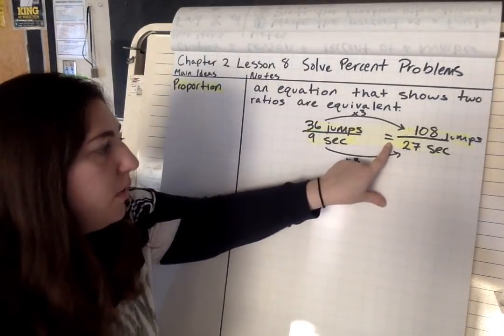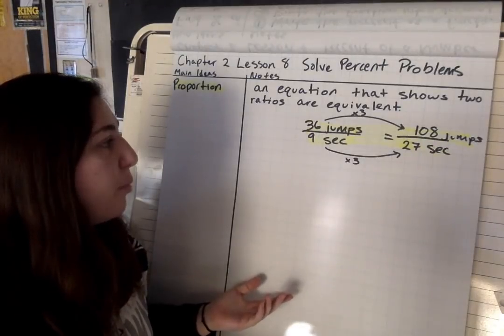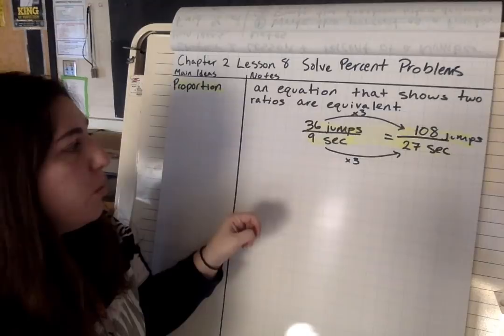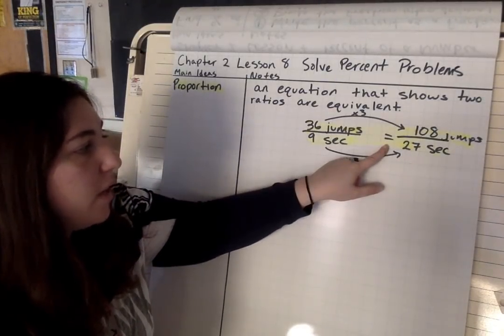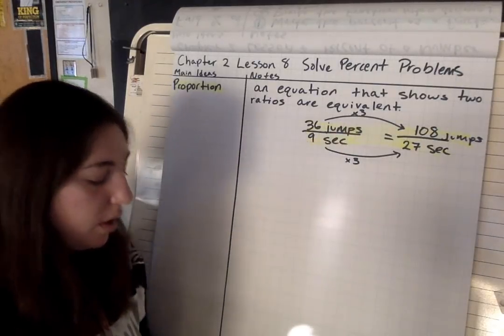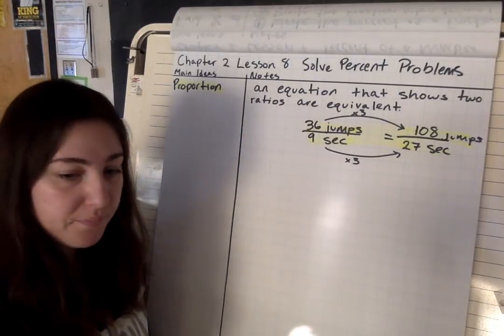Okay, so this equal sign is really important for saying that they are a proportion. An equation that shows two ratios are equivalent. Here we have our two ratios. They are equivalent, they're equal to each other, and we're using the same number to multiply the first ratio by.